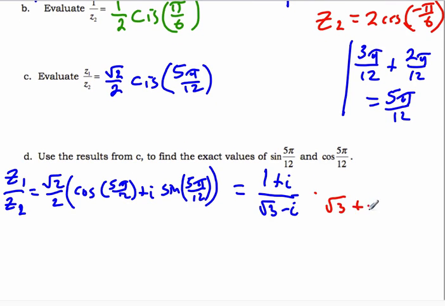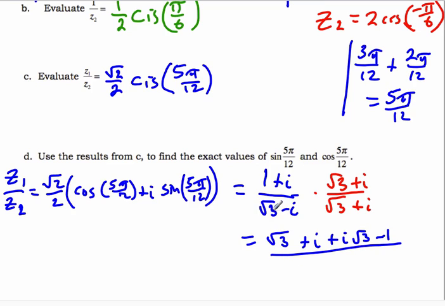So root 3 plus i over root 3 plus i. And we're going to get on the numerator root 3 plus i times 1 plus i, and on the denominator root 3 squared is 3, and this is going to give you a negative i squared, which is going to be a plus 1.